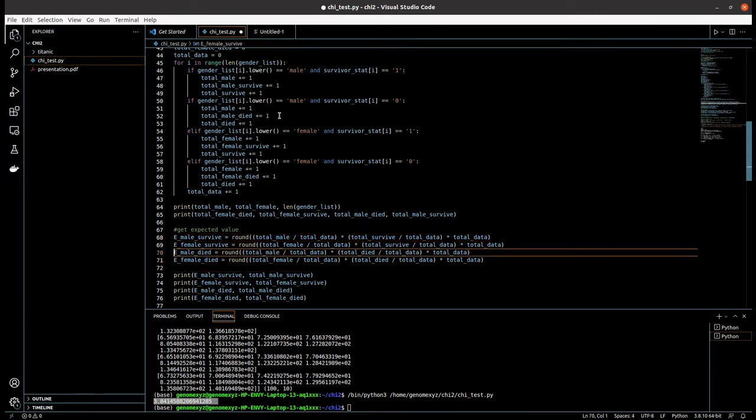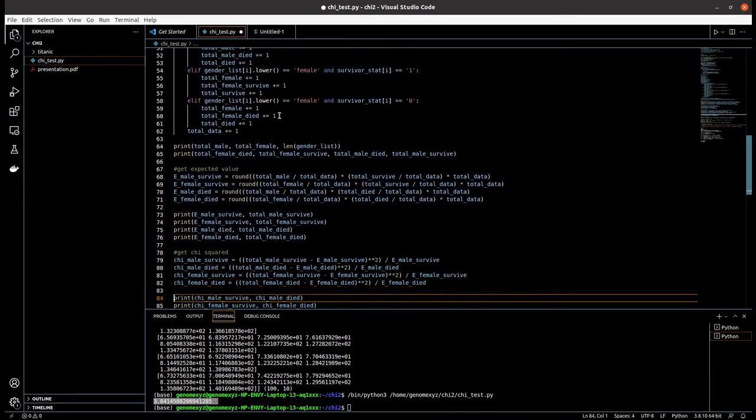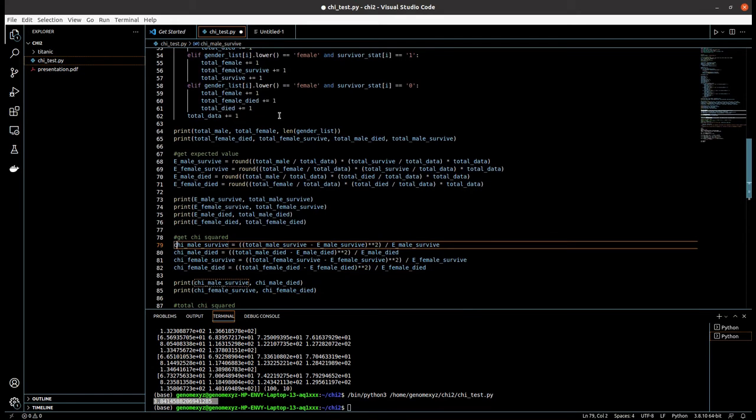And now after we calculate all the expected values for the table, this is the line to calculate the chi-square. So here we take the difference between the total male survive minus the expected male survive, powered by 2, and then divided by the expected male survive.